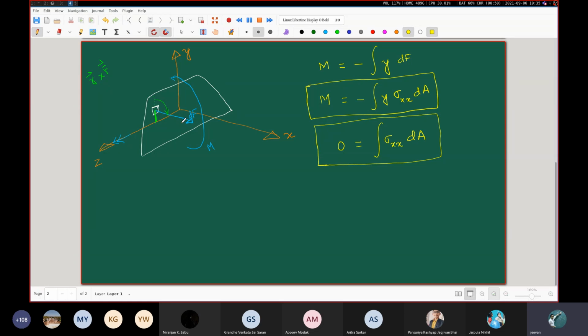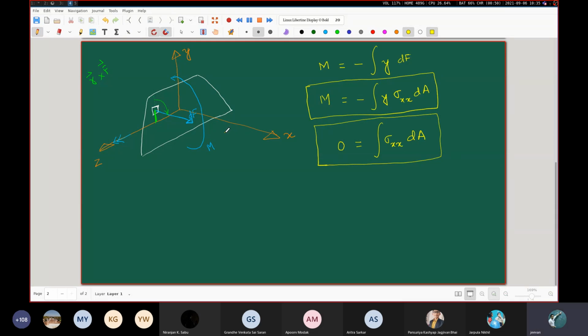They may not be 0. In fact, they are not 0, as we'll see. However, when you integrate those forces over the entire cross section, they turn out to be 0. They must turn out to be 0 because the total external force is 0.